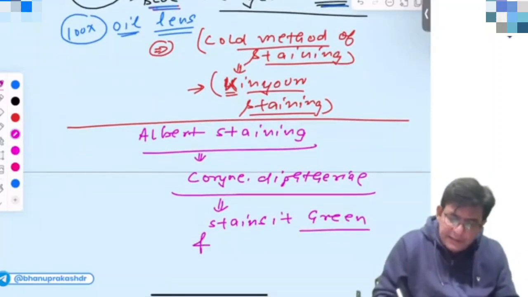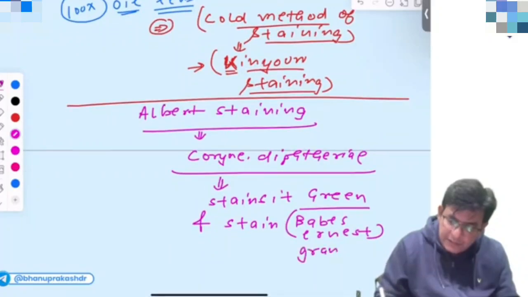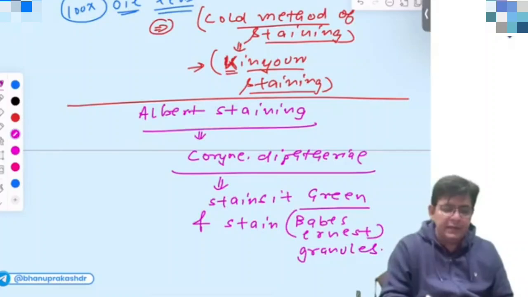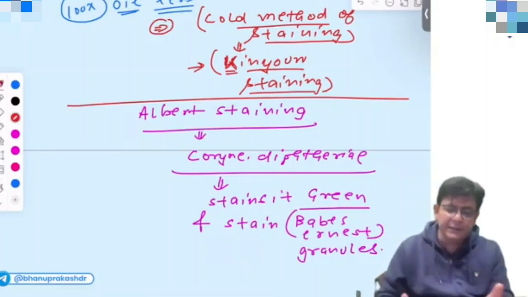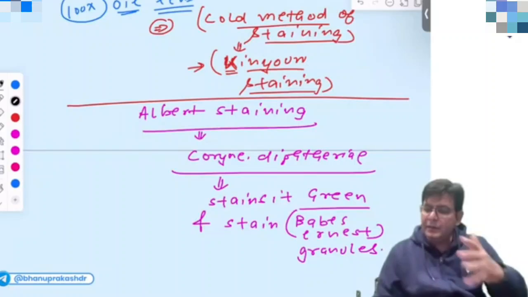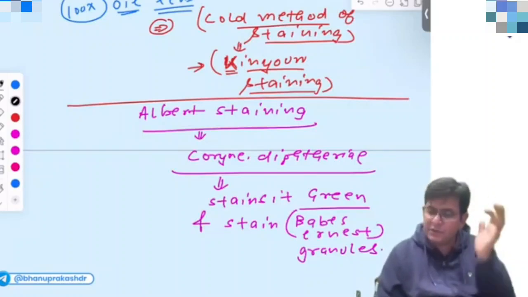Along with that, it stains the Babes-Ernst granules. I will show you the pictures of this later on. Initially I'm just telling you which things are important, and later we'll go image wise, and that will help you rebuild that.